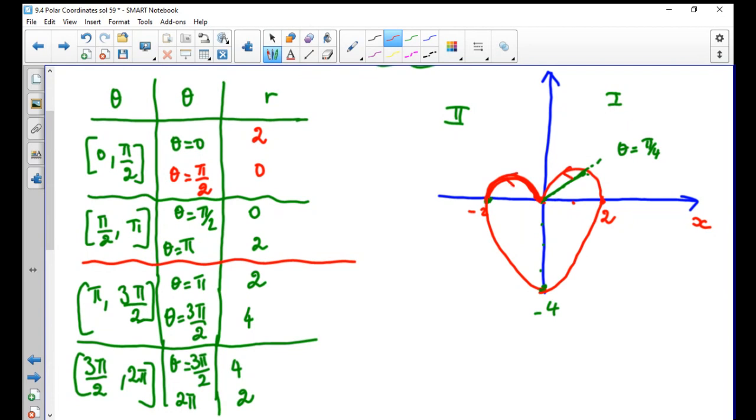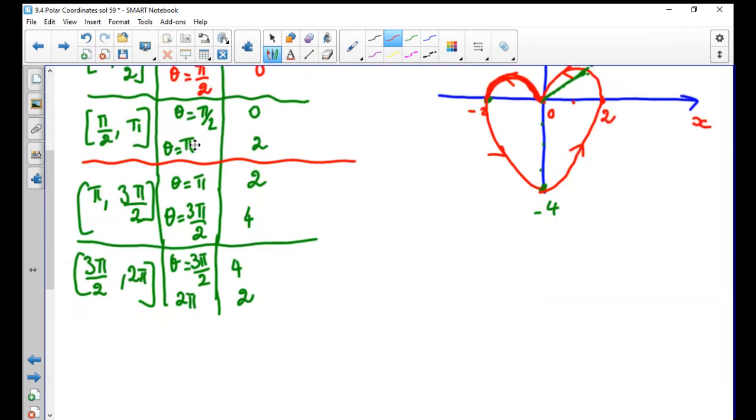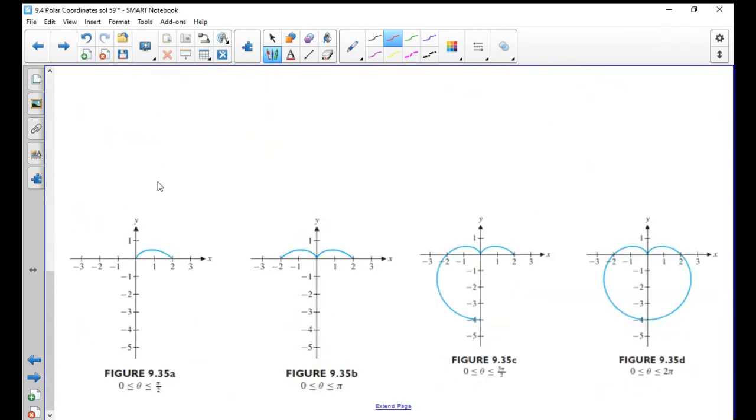So that is what's happening as theta changes from 0 to 2 pi. R is changing in this way. So first from 2 to 0, then from 0 to 2, and then from 2 to 4, and from 4 to 2. That's it. You can see the way it's graphed, what we just did.